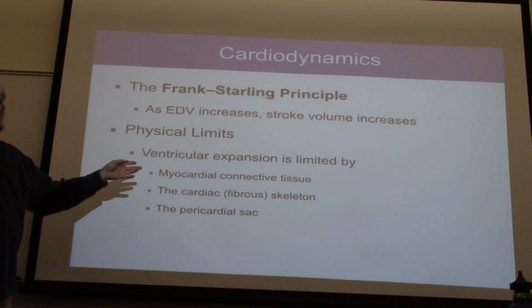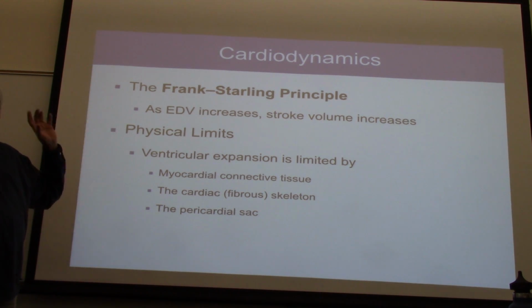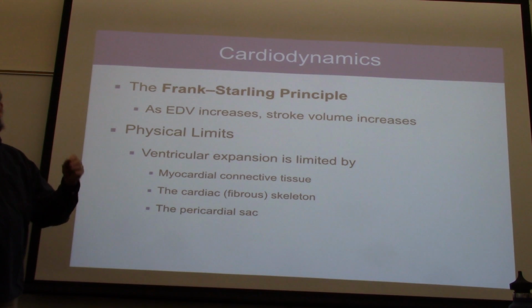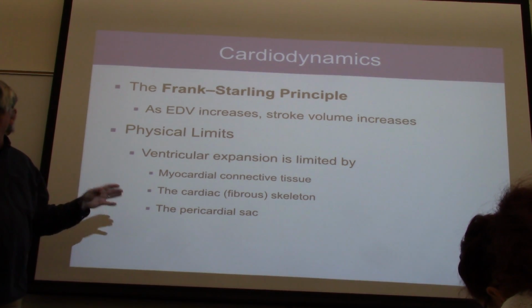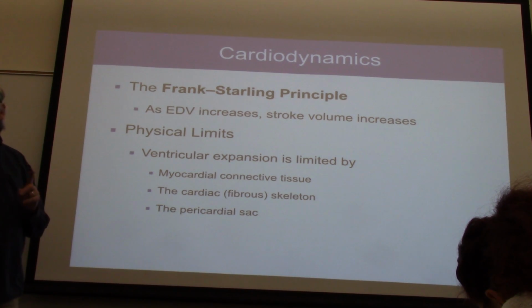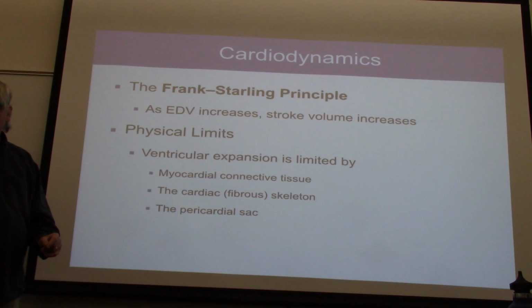The way to think of that is more in, more out. So when we talk about the Frank-Starling principle, the primary principle of cardiac output, more in equals more out.